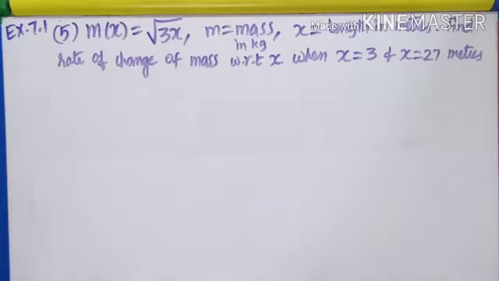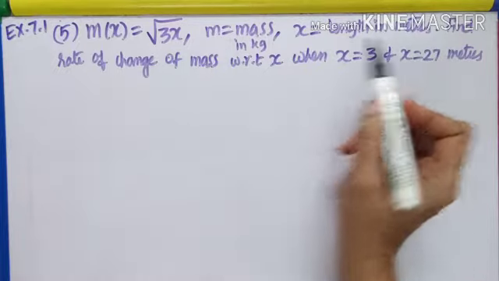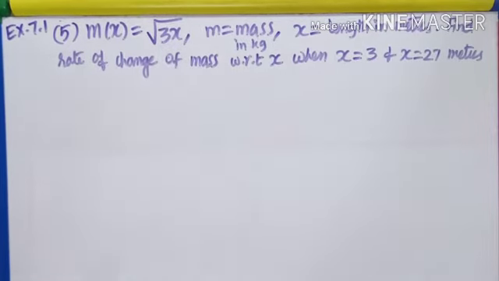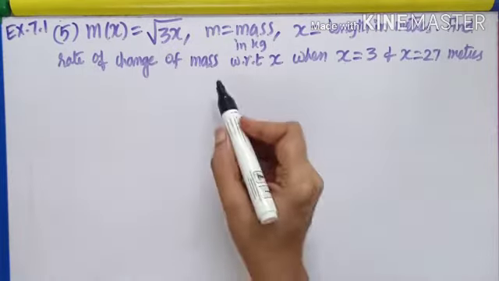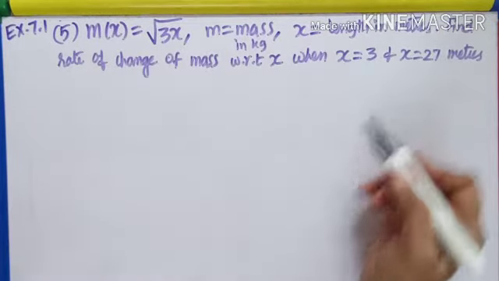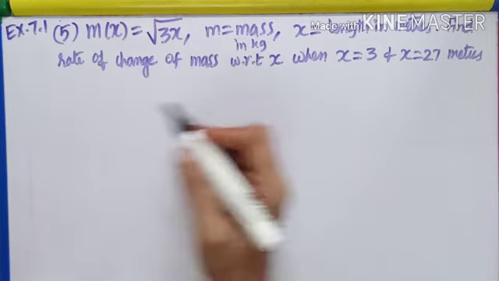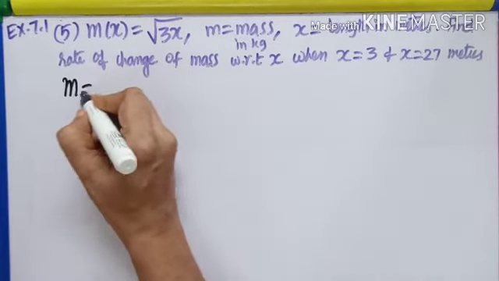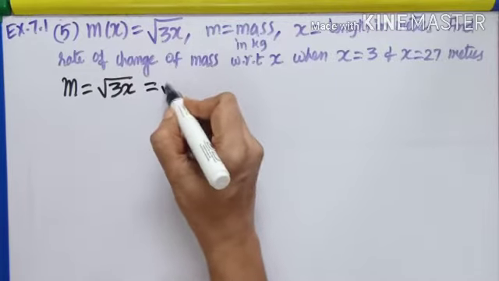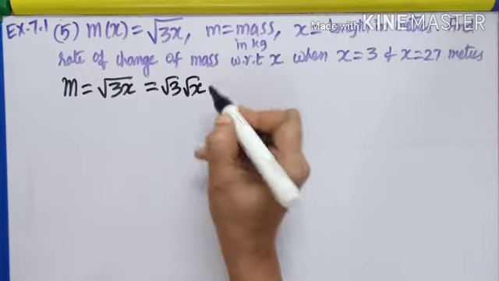Question number 5. Given mass in kilogram of the length in meters as a function m of x equals root of 3x. Find the rate of change of mass with respect to x when x is equal to 3 and x is equal to 27 meters. Here again we are given m equals root of 3x, which I can write as root 3 into root x.